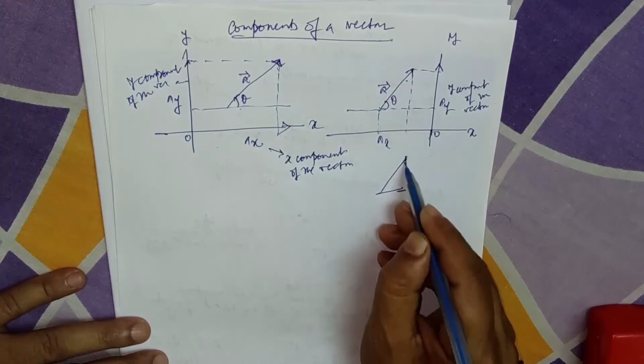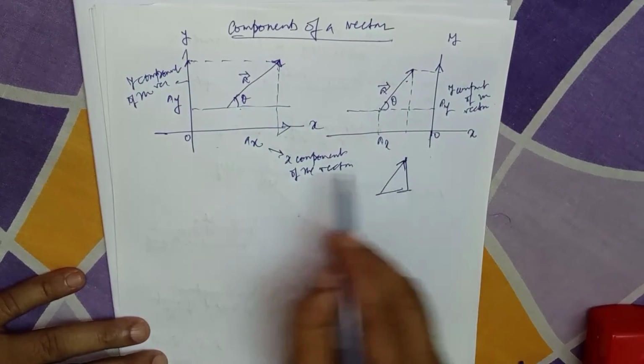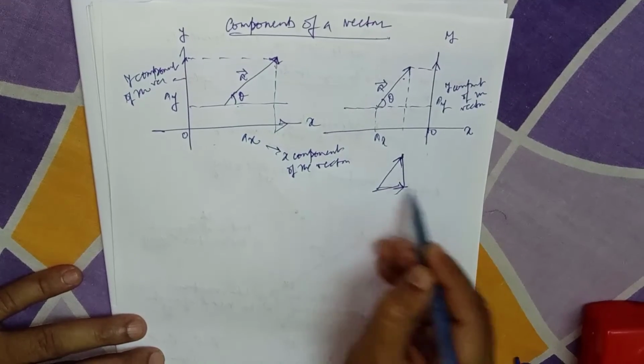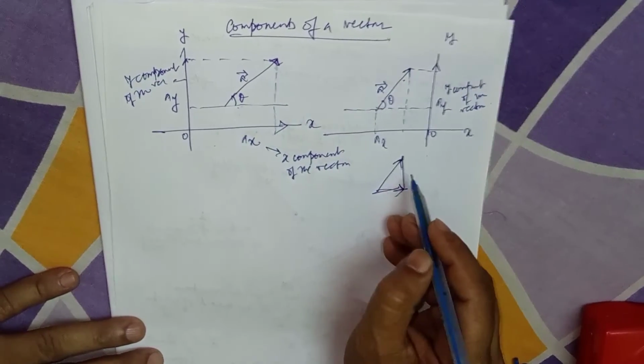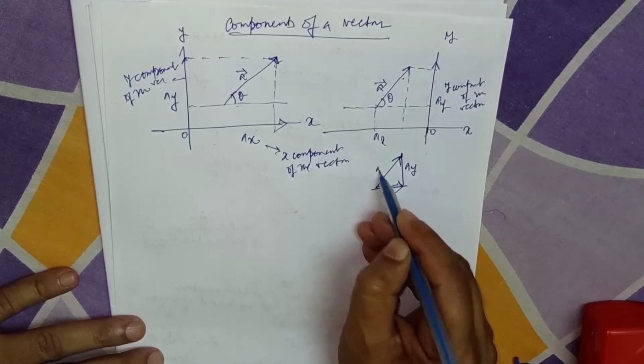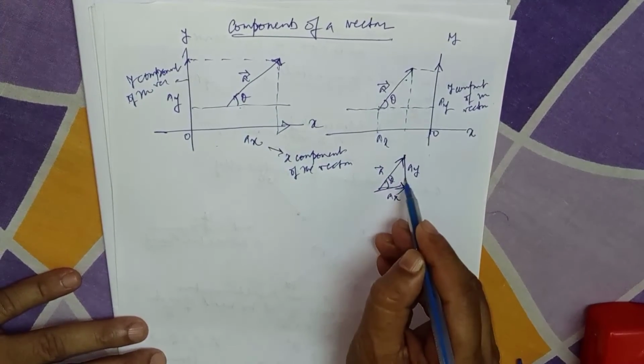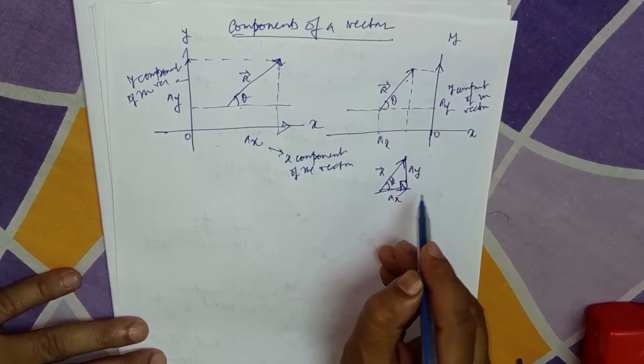So this will be the right triangle. As we know earlier, this scenario will be created like this. The right triangle is created. If this is ay, if this is a, this is ax, and this is theta, the right angle will be created.